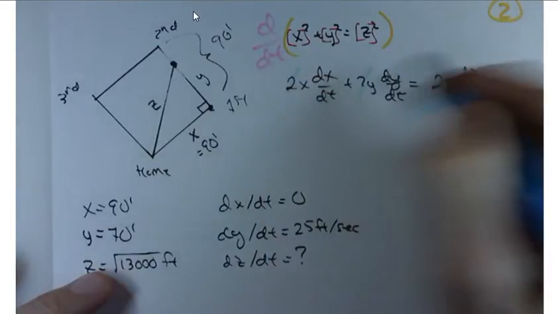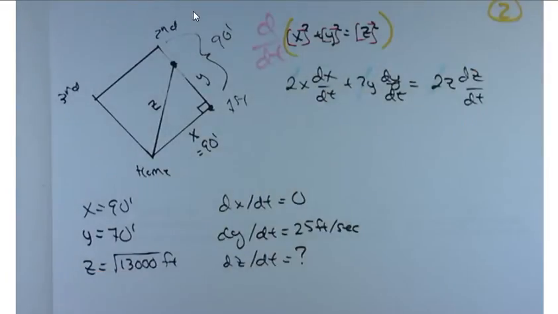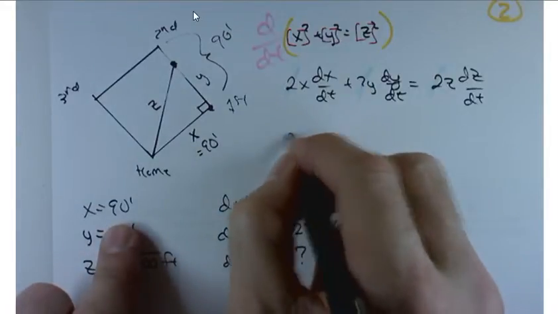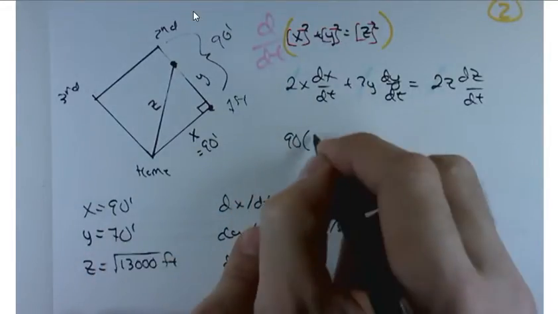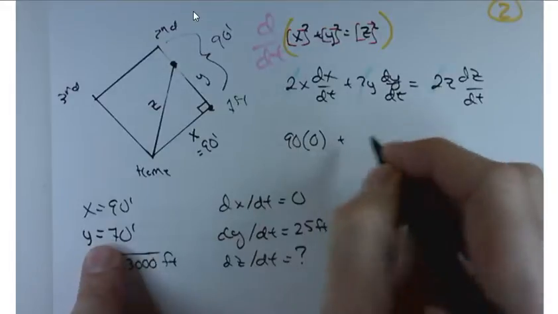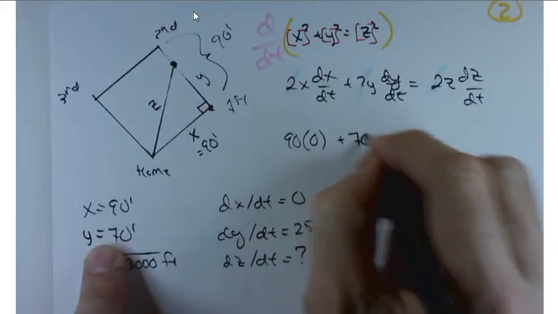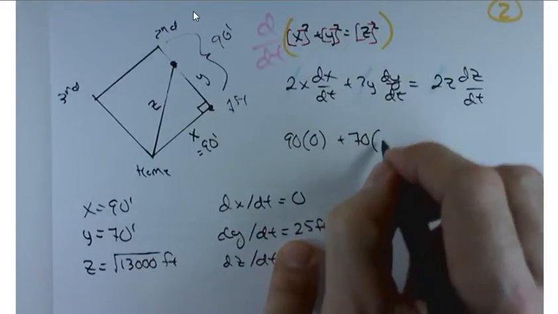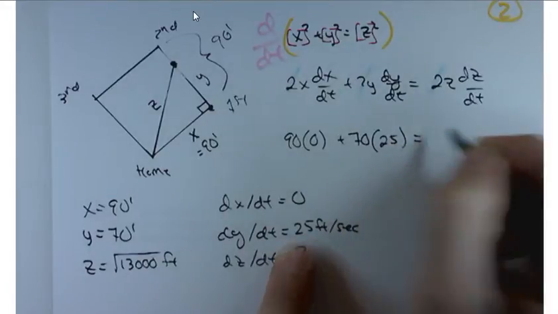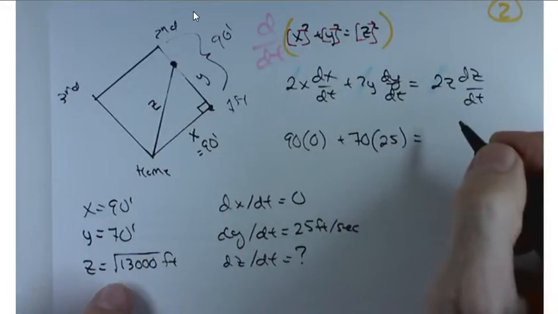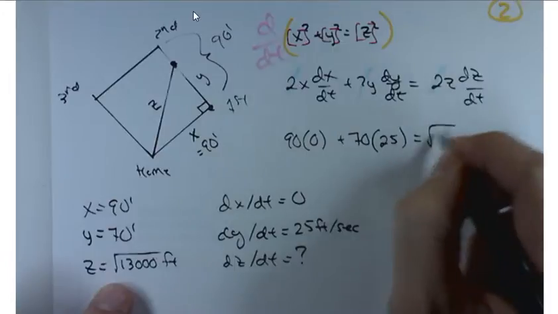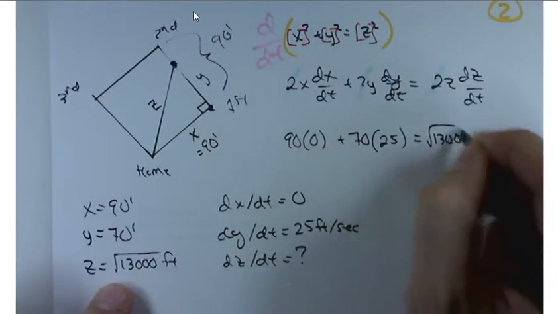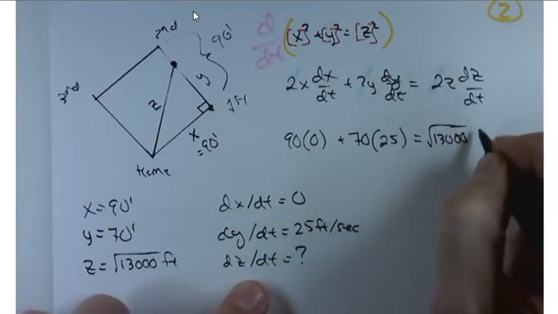Hasta la vista, sayonara, ciao. There we go. So I'll be left with 90 times 0 plus 70 times 25 equals square root of 13,000 times dz by dt.